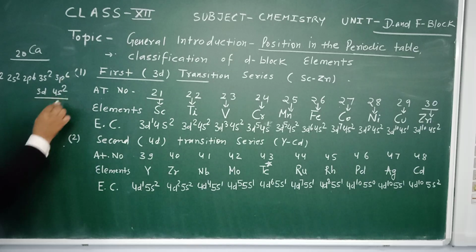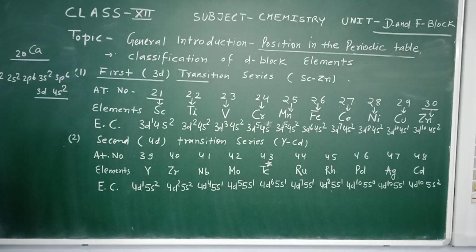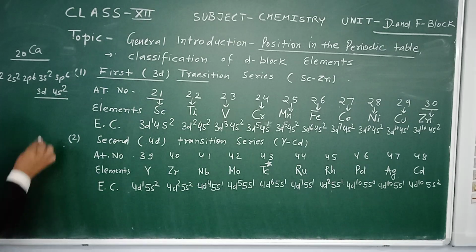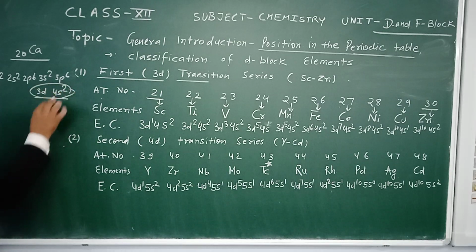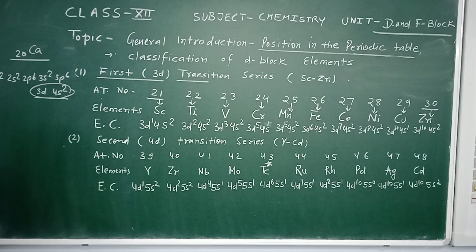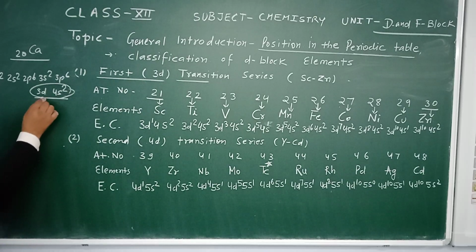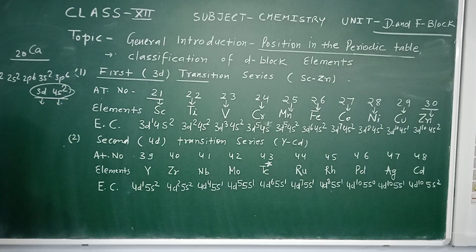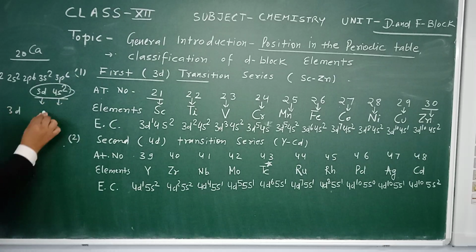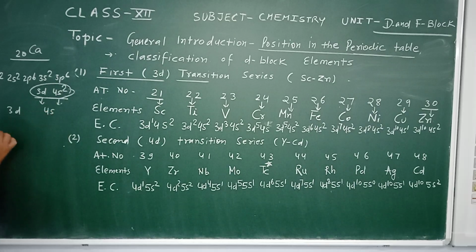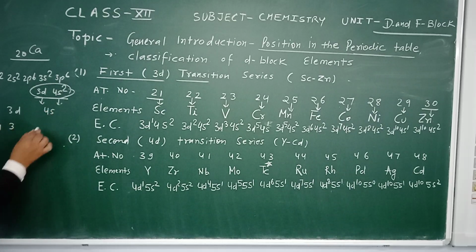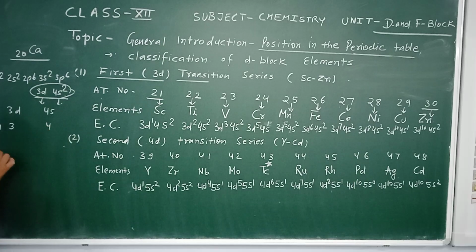First we fill the electrons into the 4s, and a total of 20 electrons are filled. Now the question comes to our mind: why do we fill the electrons first in this 4s? For this we count the value of the quantum numbers. For 3d the value of n is 3, and for 4s the value of n is 4.